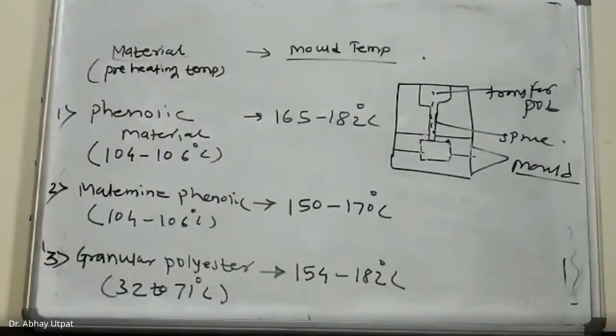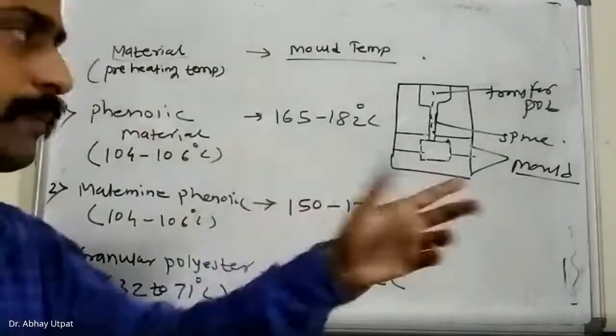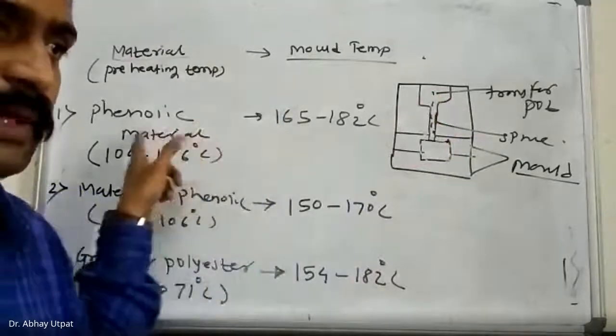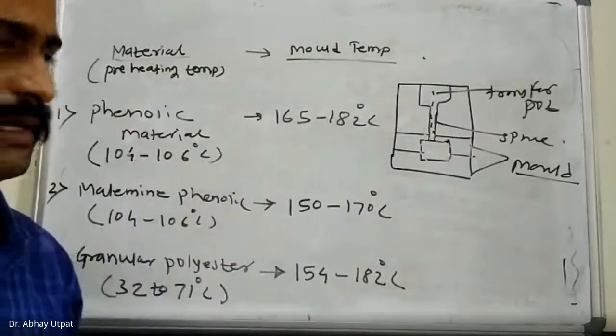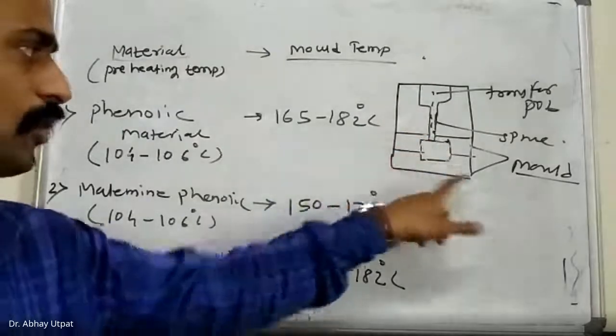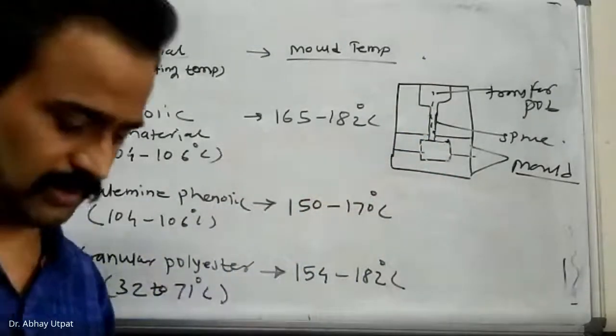Please draw this table. Material with preheating temperature. So whatever material you are keeping here, that temperature is given in the bracket, the preheating temperature. And the mold's temperature, at which the mold is maintained, should be given here.